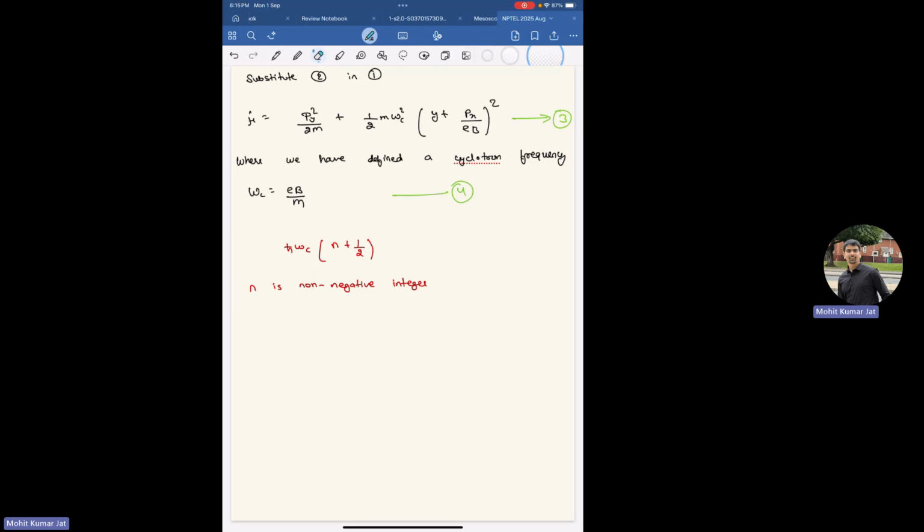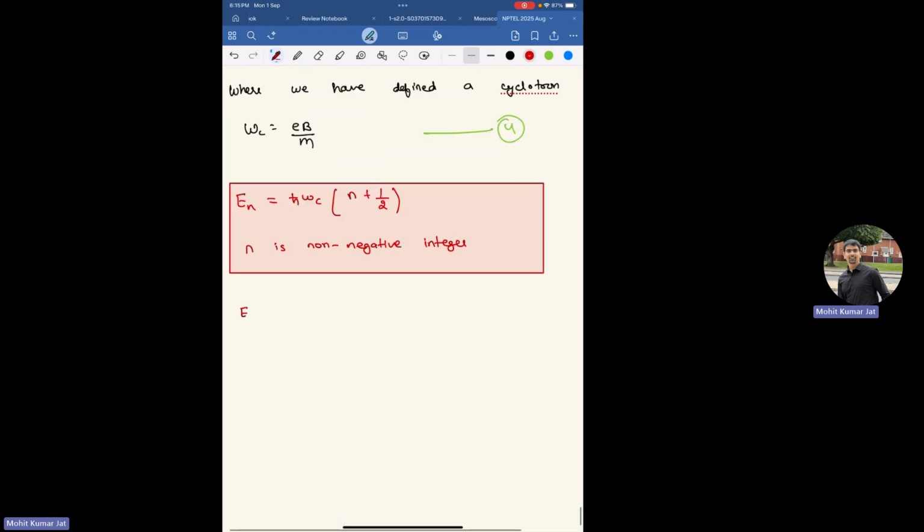So energy will be En equal to h bar omega c (n plus half). This is the form of energy for a two-dimensional electron gas in presence of the magnetic field. E0 will be h bar omega c by 2. Similarly, E1 will be 3 h bar omega c by 2.